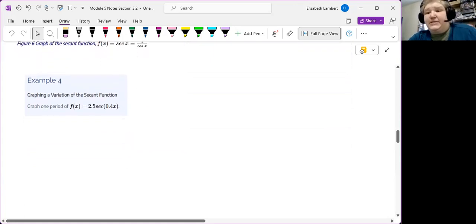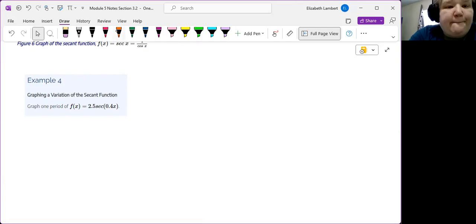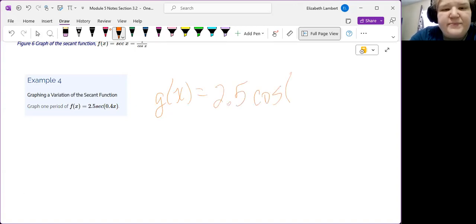All right, so let's see this crazy mess. Remember I said, first thing we're going to do is figure out what's going on with the graph of cosine, but everything else is the same. All right, so our amplitude is 2.5.